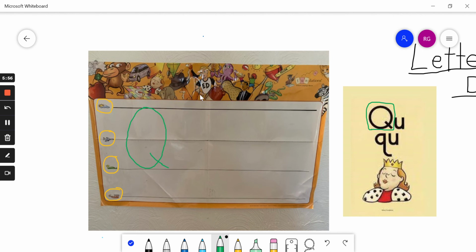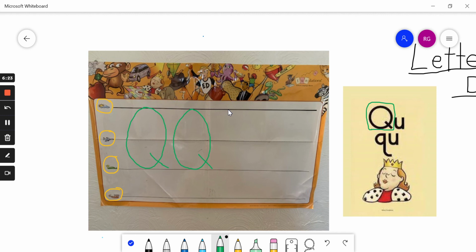Let's try it again. Point to the skyline. Trace back, then down and around to the grass line, and around back up to the skyline. Then make a tail. Let's do one more.